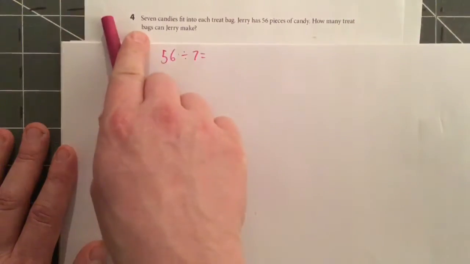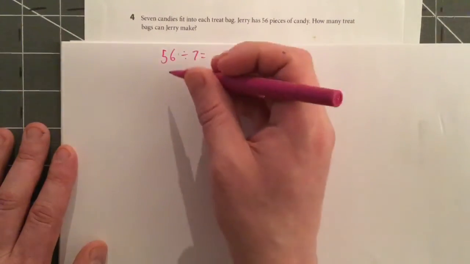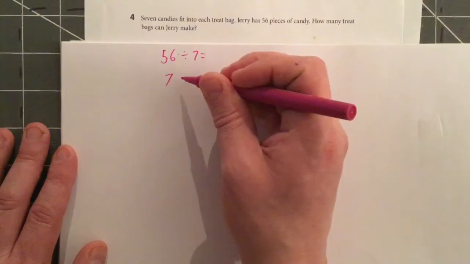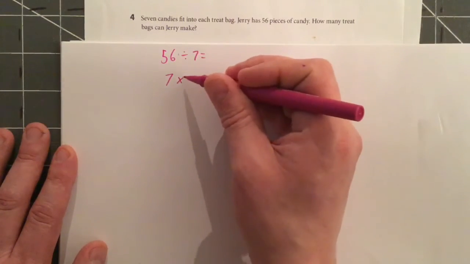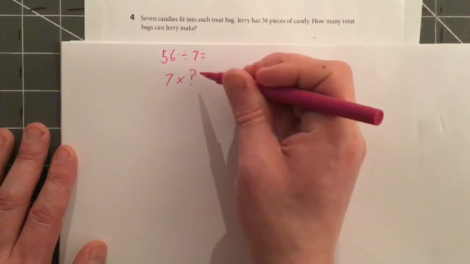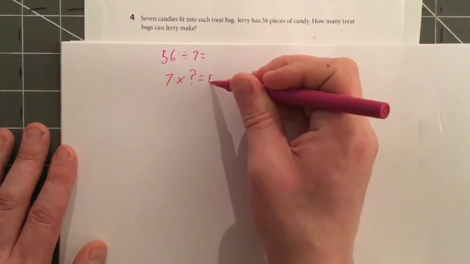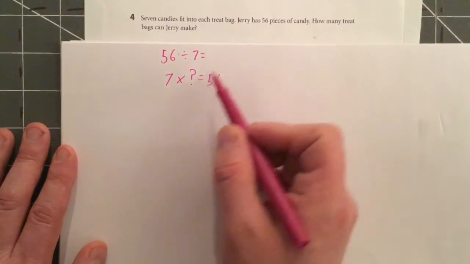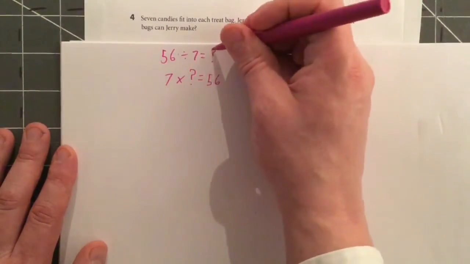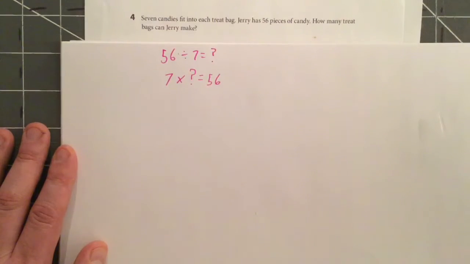Now, if we're going to look at this the way that the story is actually written, what we would end up writing is that there are 7 candies. We are going to fit them into some unknown amount of treat bags, so we're going to do that some unknown amount of times, and we're going to end up with 56 pieces of candy. So if you know that 7 times something equals 56, you know this answer right here. In case you don't know, we're going to figure it out right now.